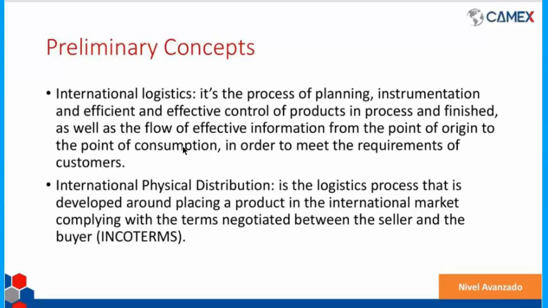Okay, first you have international logistics, which is all the process that includes planning, implementation, and the delivery of processed and finished goods, which is products, okay, and also all the effective flow from the point of origin, that is the provider, and the point of final consumption where the client or a consumer is.